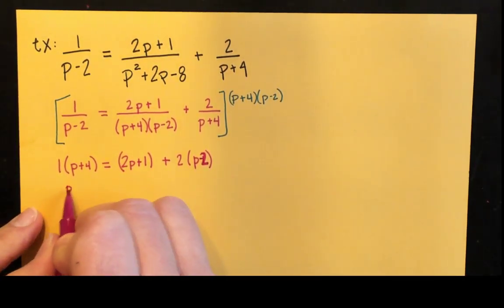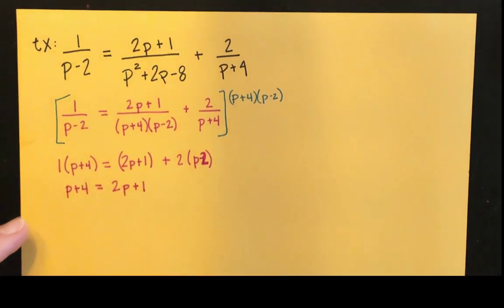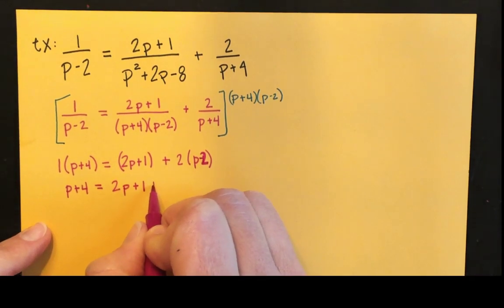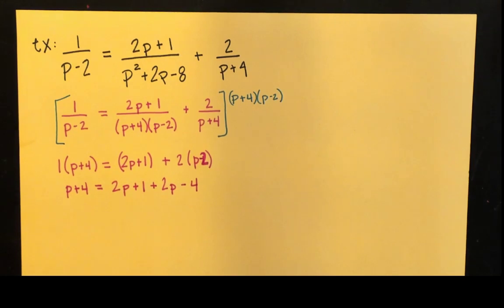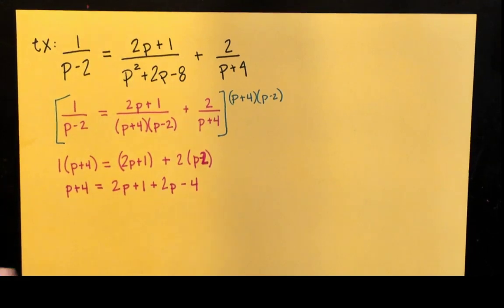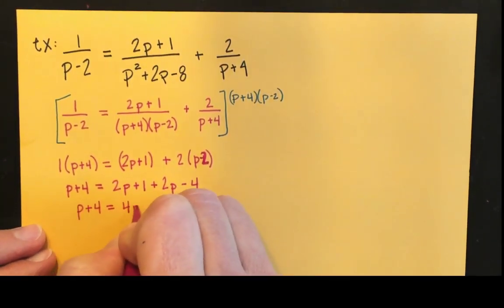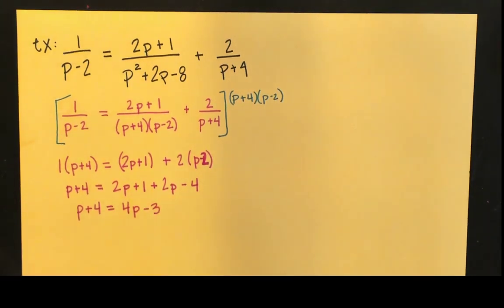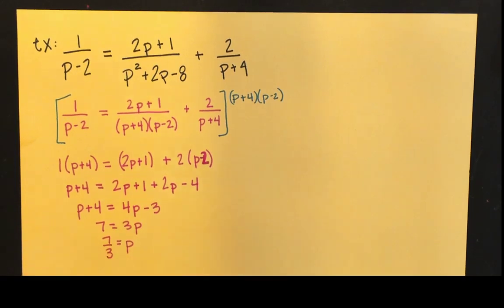So p plus 4 over here, 2p plus 1. This is going to be plus 2p minus 4 when we distribute. And we end up with a nice linear equation again. Bring all the p's to one side, all the numbers to the other, and we end up with p is 7/3.